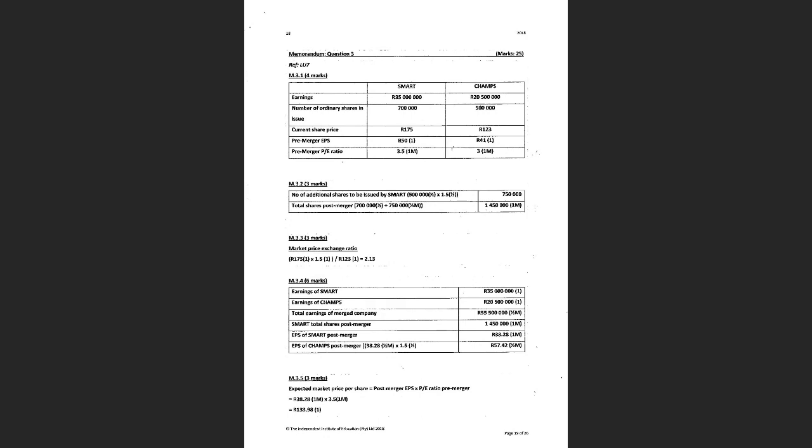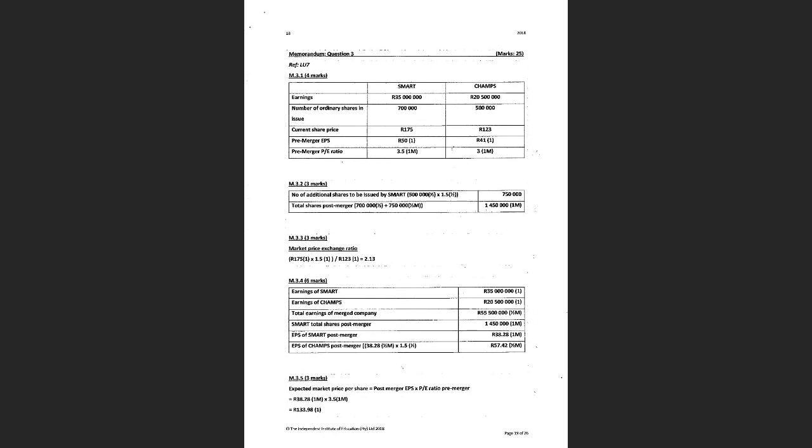So 175 times 1.5, because that's the rand value that I have to pay to purchase 1 share, which is worth 123 rand of Champs. So from a rand value, I am having to give 2.13 rand of my share price to purchase every R1 of Champs's price. Okay.